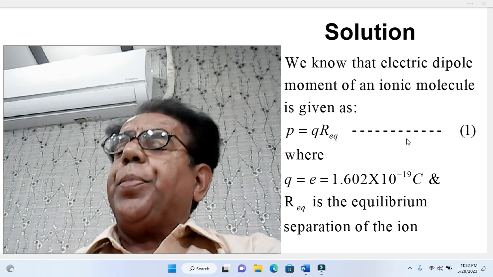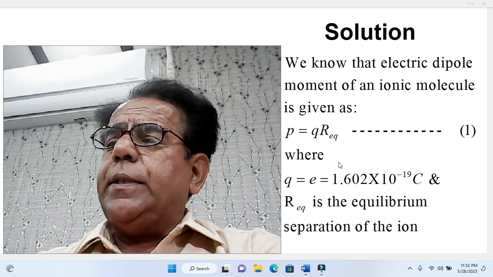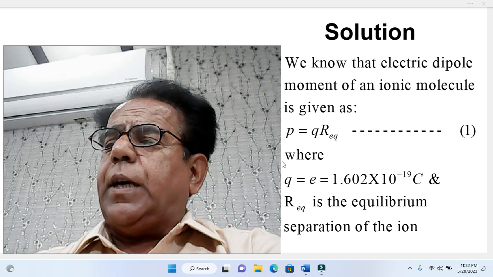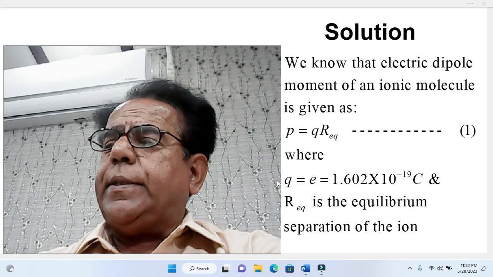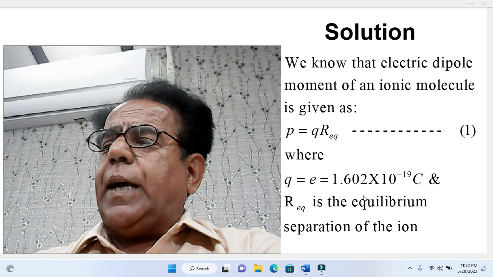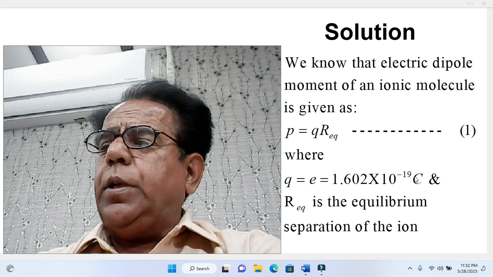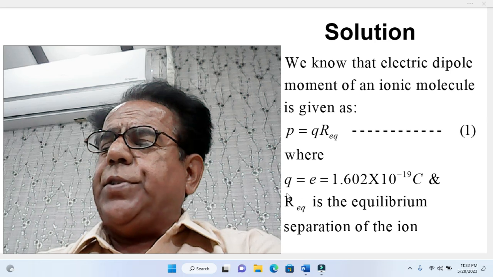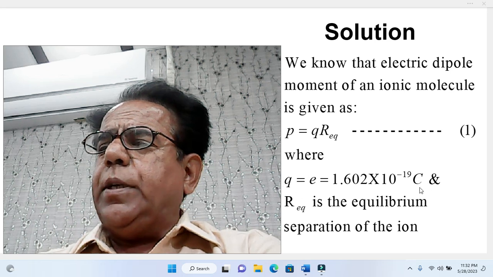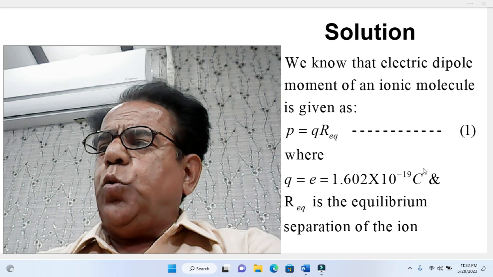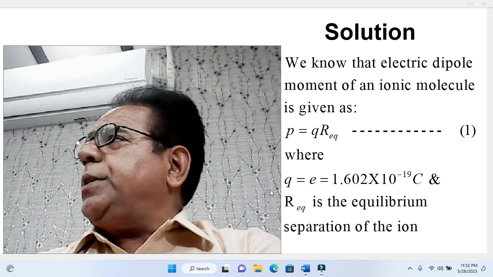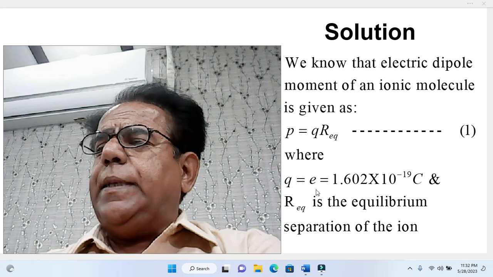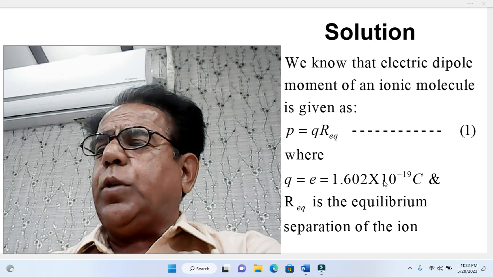Dear students, this value, that is q equal to this or small e equal to this, also appears in our tool in which a large number of physical constants are included. So q is equal to small e and this is equal to this.